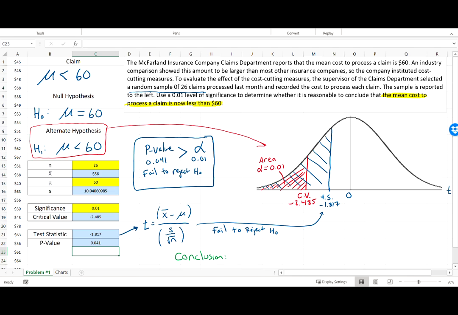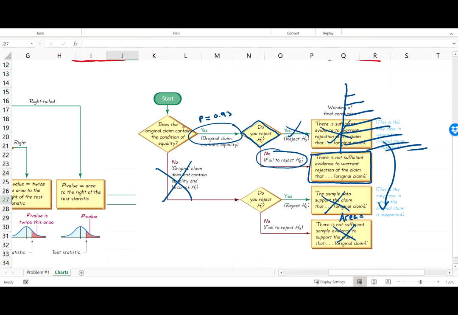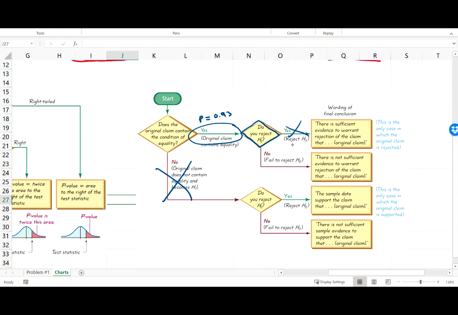And for that, I could go over to the other sheet that I have in this file. So under charts, let's get rid of that from the previous problem that we just did. Now, two questions. The first question is, does the original claim contain equality? Does it contain an equal sign?